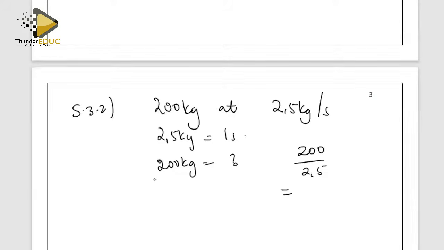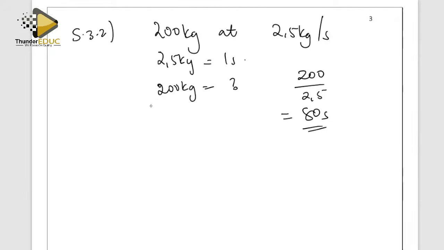Let's double check. Okay, so we're saying 200 divided by 2.5, which gives me 80 seconds. So it's going to take 80 seconds to move 200 kilograms of water.